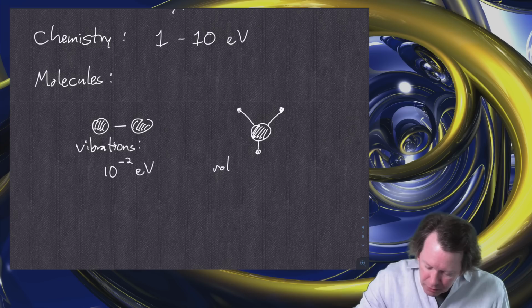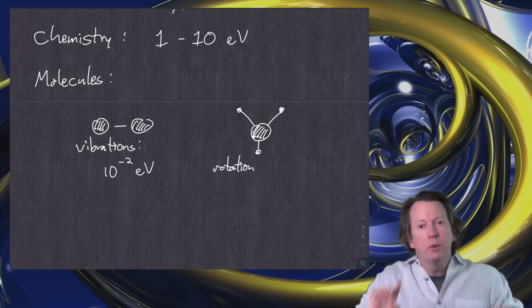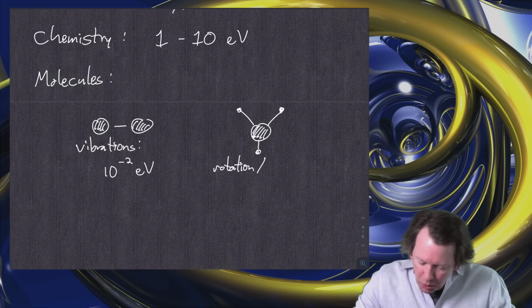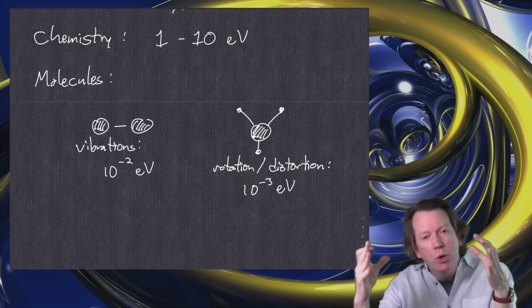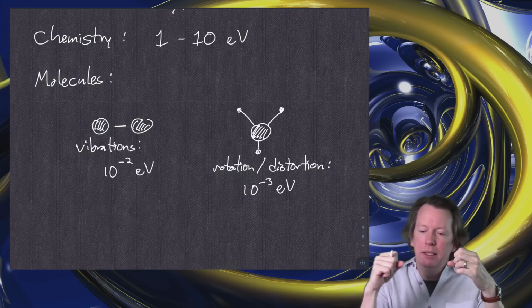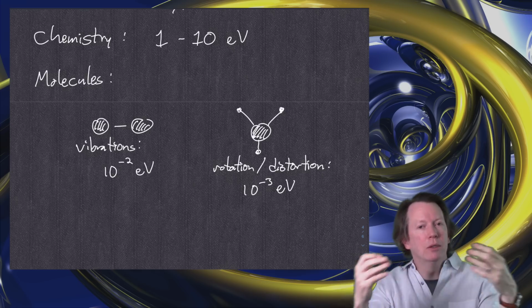The whole thing can rotate around also, or distort, and these also have a typical energy scale, maybe 10 to the minus 3 electron volts. Again, more moving parts means it's slower, means it's larger.